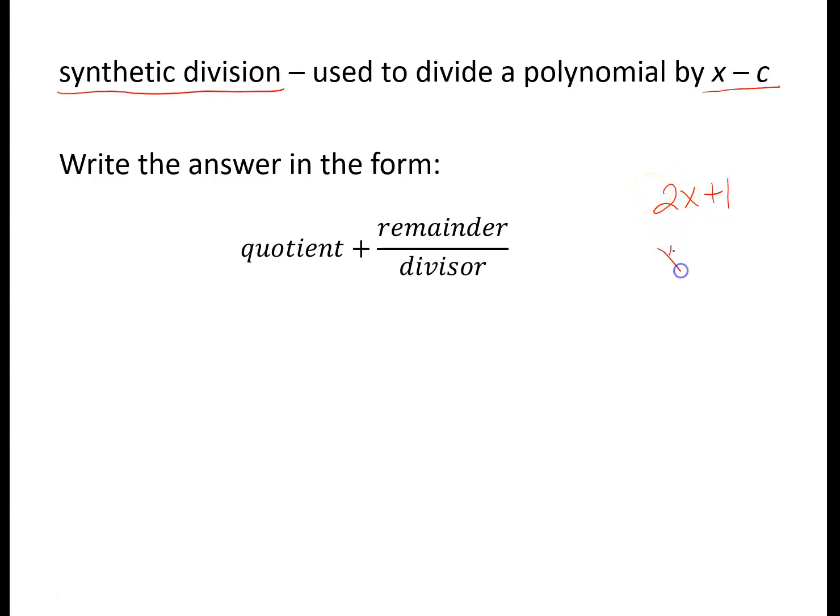If you had an x squared minus 3, you could not use it because of the x squared. But if I had x minus 5, I could use it. If I had x plus 2, I can use it. So that's when synthetic division works. It doesn't work for these. It does work for these.